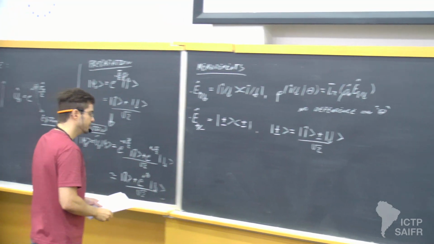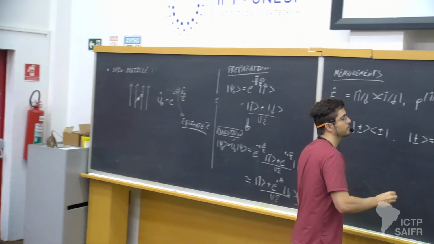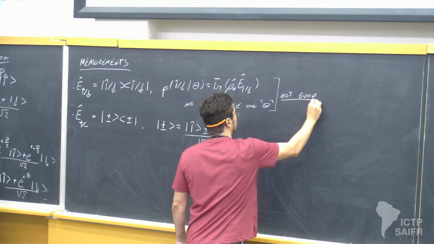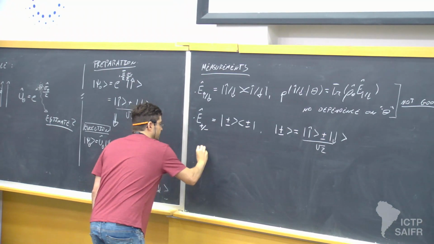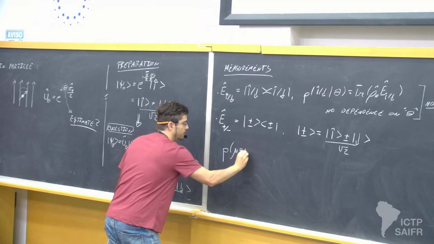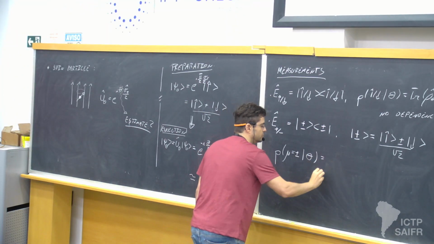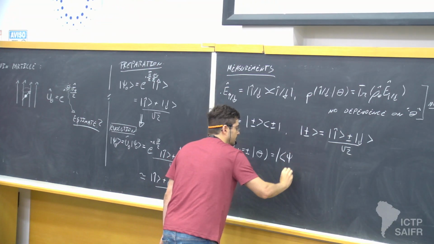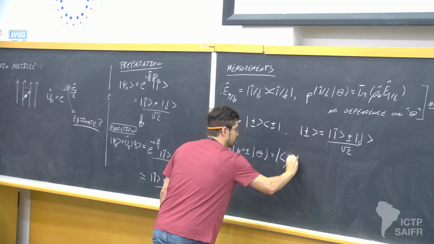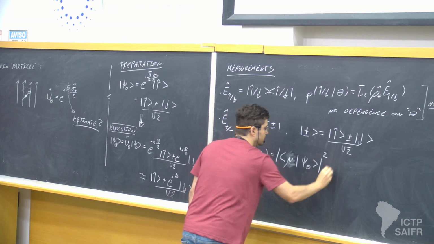Okay, so if we look then for this type of operators, so let me call this one not good, while this one here will give us that the probability of measuring an outcome that could be plus or minus, given that theta is encoded there, is just the expectation value of my psi theta, let me call it this way, with the eigenstates n_i, over my psi theta squared.